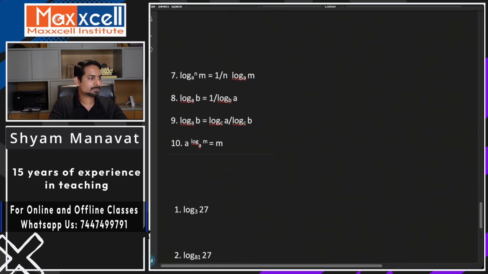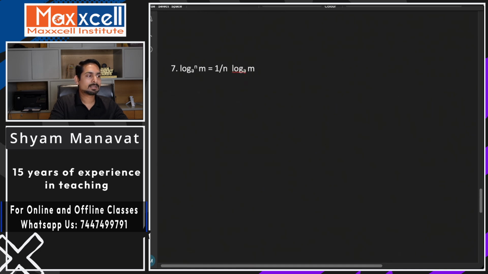Next one, seventh one. In case you have a power of the base, then that will come as the denominator of the log. Let me give you one example. Log of 11 base 2 cube.